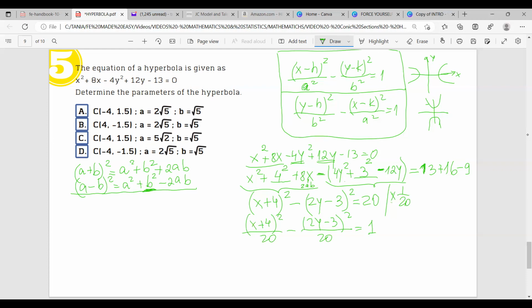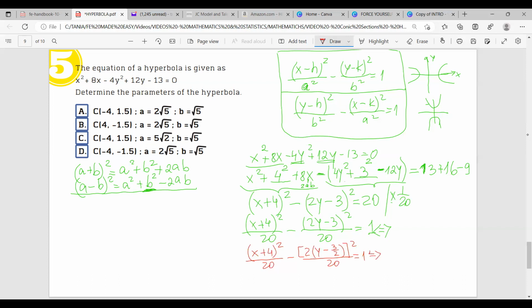The only thing is here, instead of having y minus or plus k, I have 2y, so I have to get rid of this too. So this is going to be equal to, I have x plus 4 squared over 20. And here on this side, I will just bring 2 in front of the parentheses. So I'll have y minus 3 over 2 squared over 20 equals to 1.